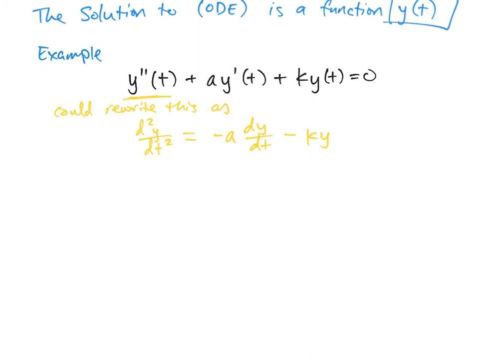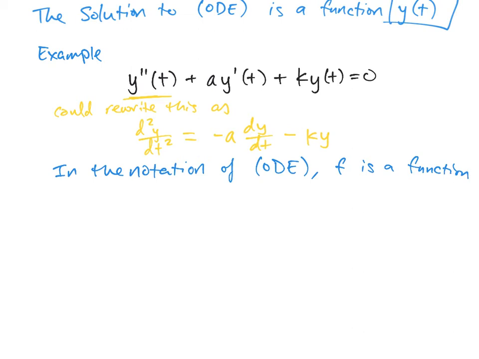So let's see, let's do blue. In the notation of our definition above, our standard form, that function f is a function. f maps its three variables, t, y prime, and y, onto this function negative a y prime minus k y.